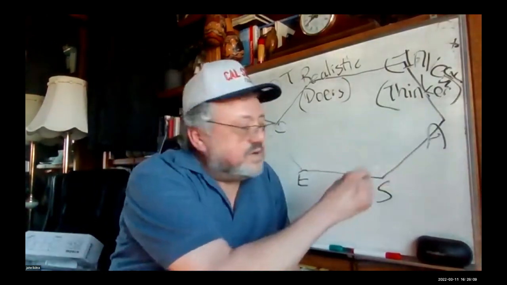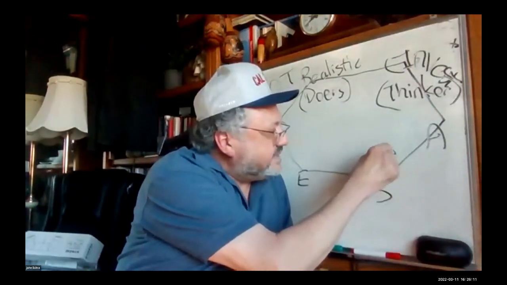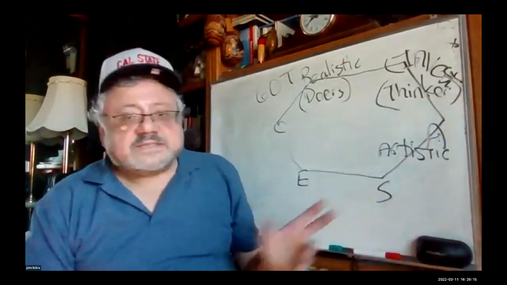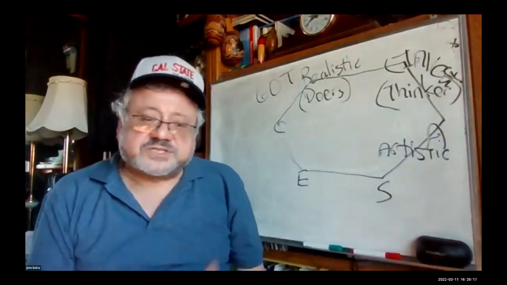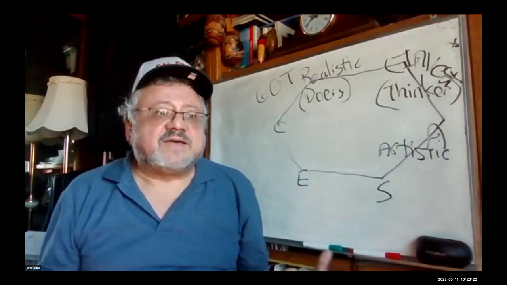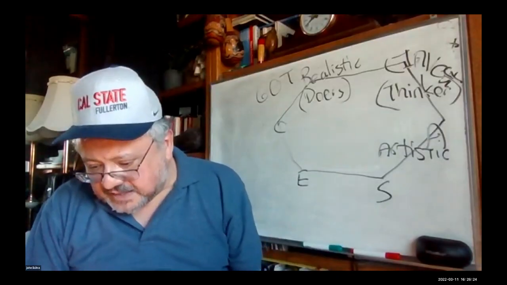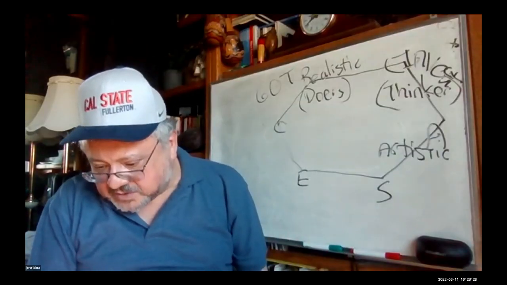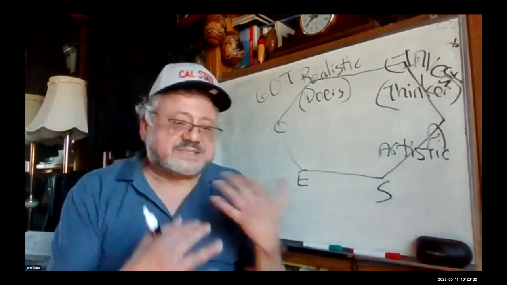And then we have the A corner, which stands for artistic. These people love to work in unstructured settings. They like freedom, independence. They value creativity. Oftentimes they're intuitive. And again, they like to use their imagination and creativity.